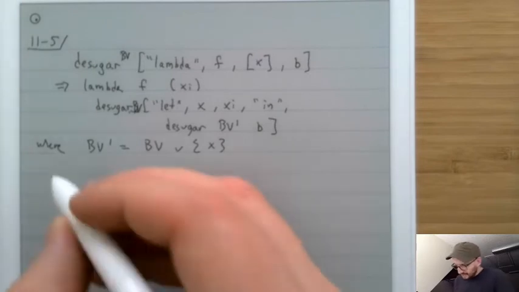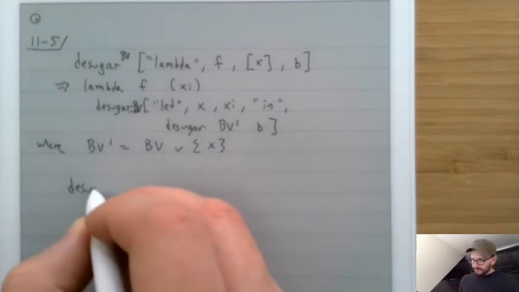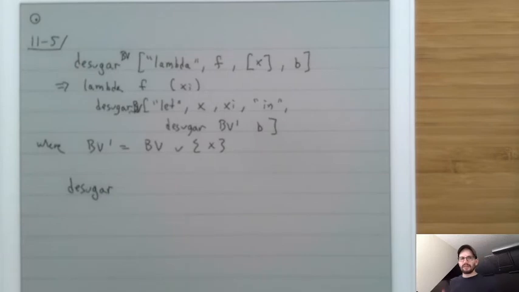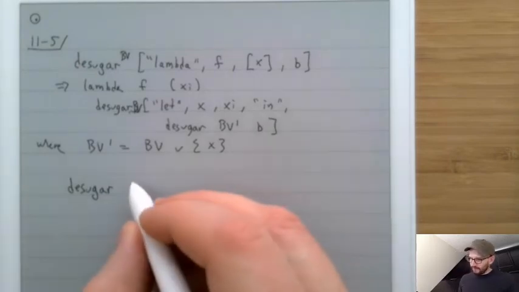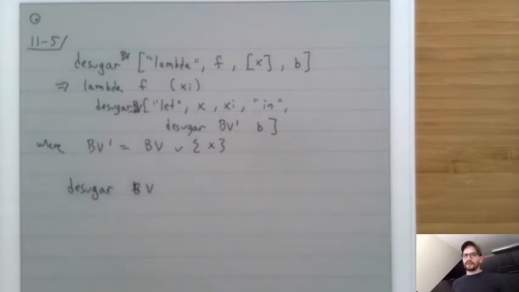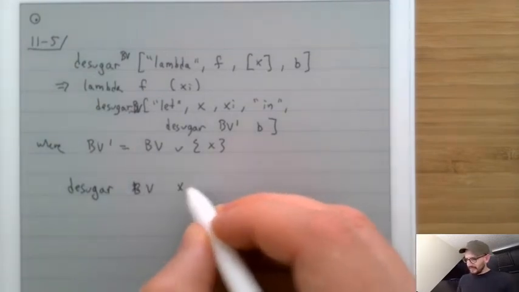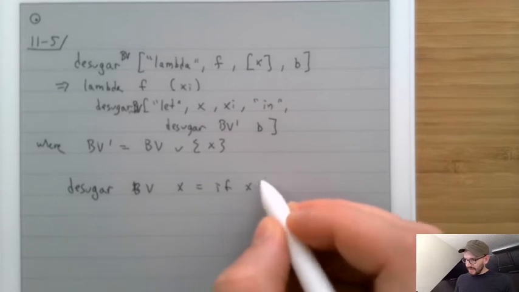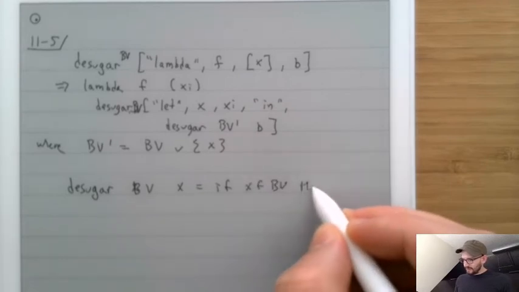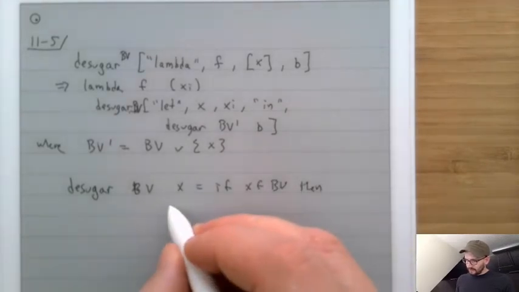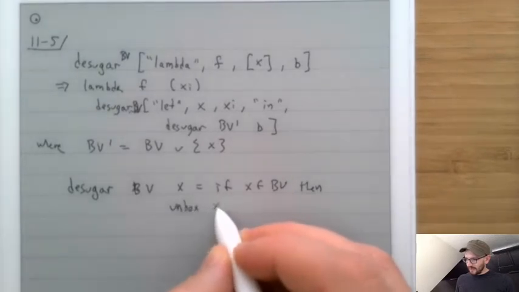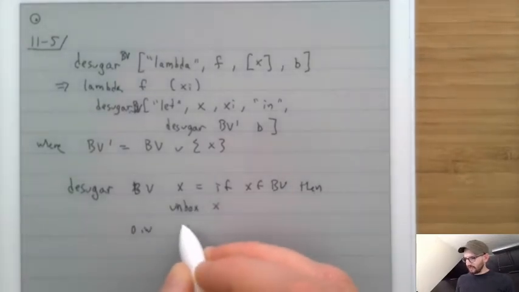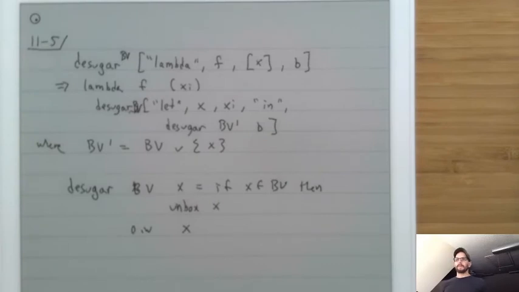Okay? Then your desugarer is going to also have a case for a variable like x. So it's going to have the box variables in x. And then it's going to say, if x is in the box variables, then we're going to return unbox of x. Otherwise, we're just going to return x. Okay? And you, of course, start off your box variables as empty.